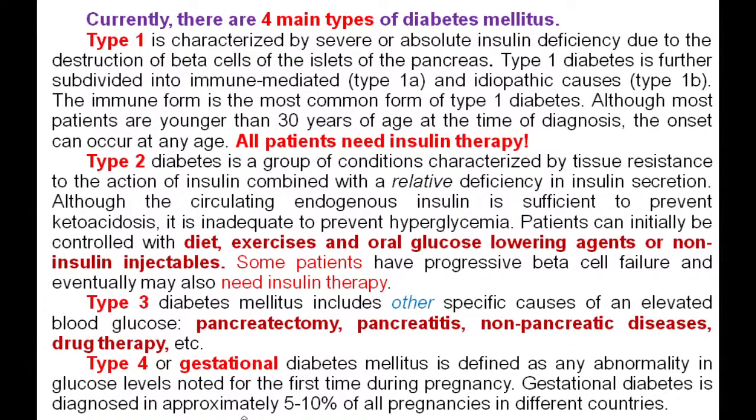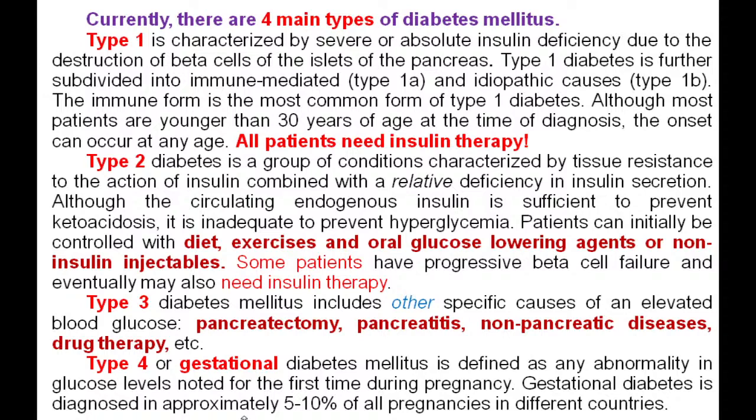Some patients have progressive beta cell failure and eventually may also need insulin therapy. The short name of type 1 is insulin dependent, of type 2 non-insulin dependent. But pay attention: in non-insulin dependent type 2, some patients also need insulin therapy.